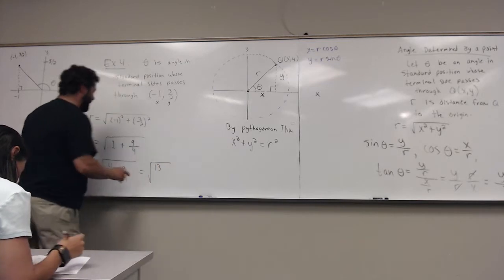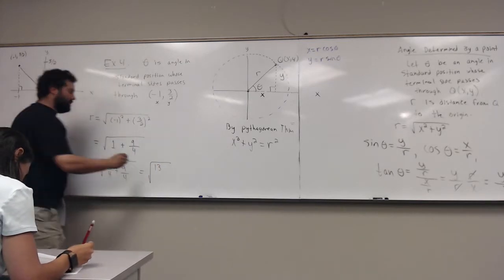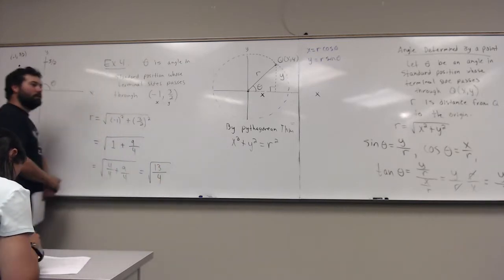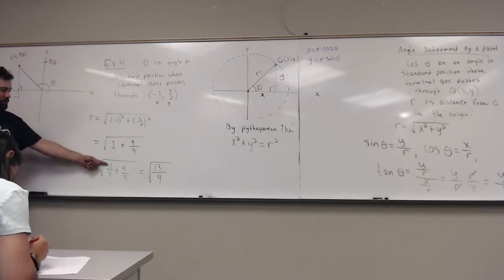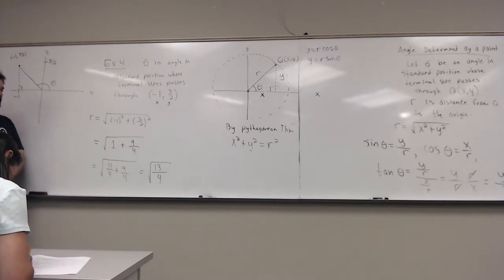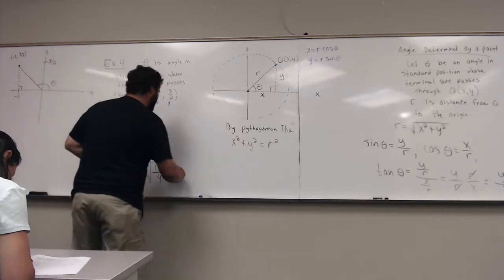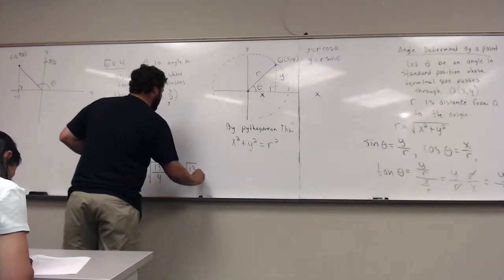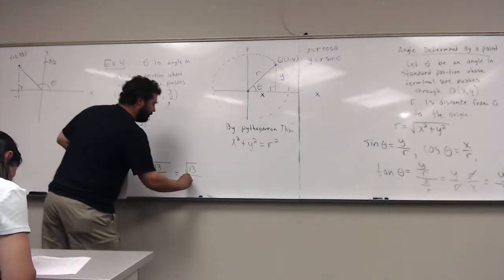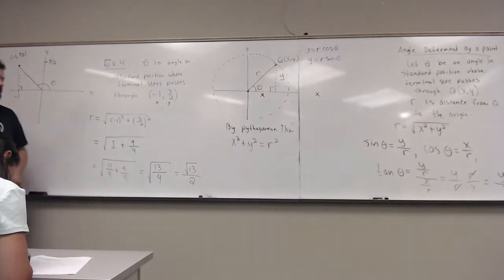When you add these fractions, you get 13 divided by 4. I just add the numerators and divide by the common denominator. Then you can take the square root of top and bottom. Square root of 13 over square root of 4 gives you a 2 in the denominator. So the distance from the origin to this point, -1, 3/2, is just root 13 over 2.